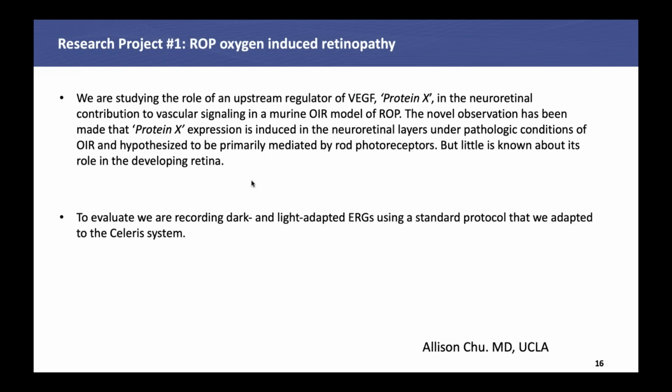And once you have this hypoxic situation, you get a vasoproliferation in these animals, and that's what ROP is all about. So we have a model, and this is all done by Alison Chu, MD, in our pediatric division.